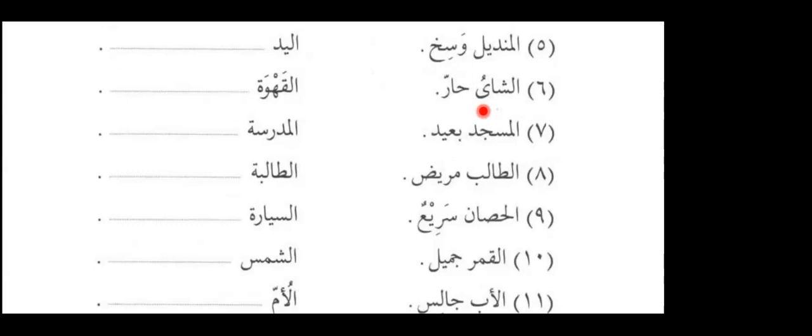Brother Musa. Wait, I'm sorry. I have a question. That ashai, is it shai or shayu? Because I'm seeing a dhamma on the ya. Ashayu. Okay, shai. In other languages they just call it shy like this.